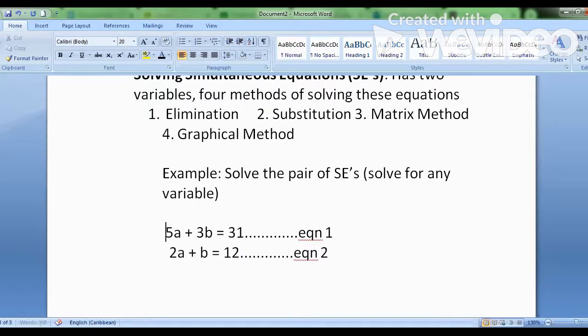What I'm showing you is one of a few approaches of solving these equations. Teachers will have different approaches.